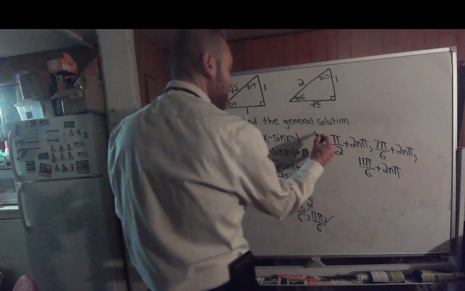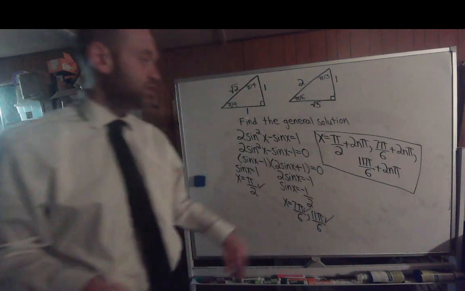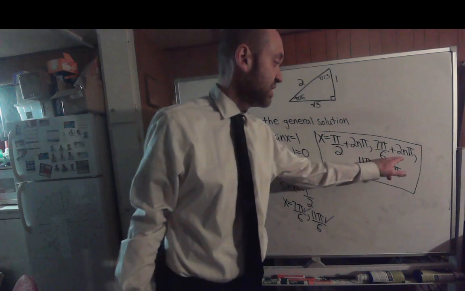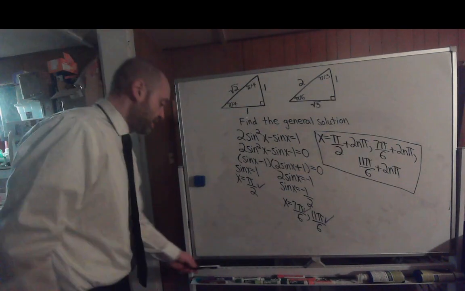So these will be your three general solutions to this trig equation. x equals pi over 2 plus 2n pi, 7 pi over 6 plus 2n pi, and 11 pi over 6 plus 2n pi.